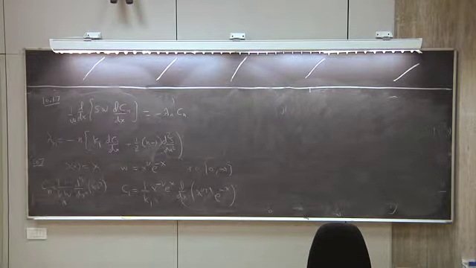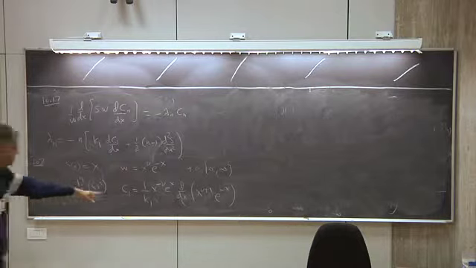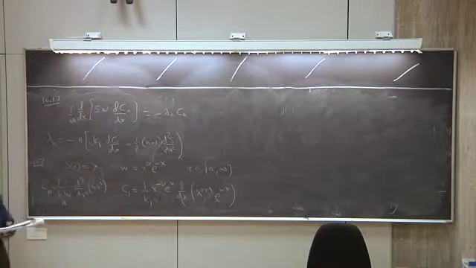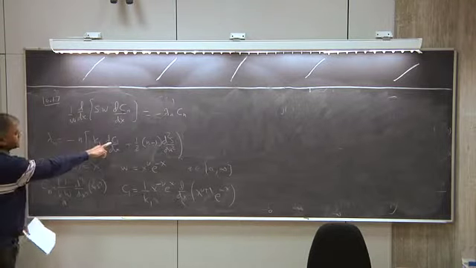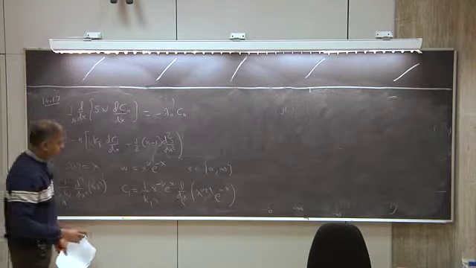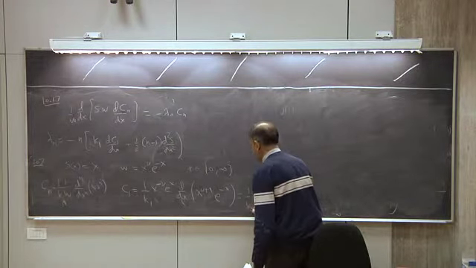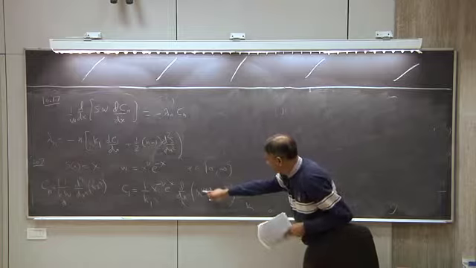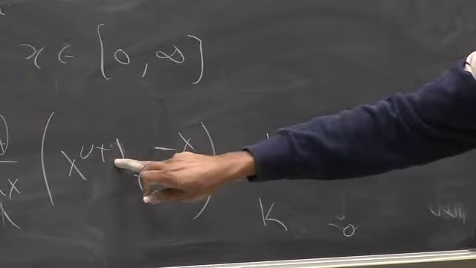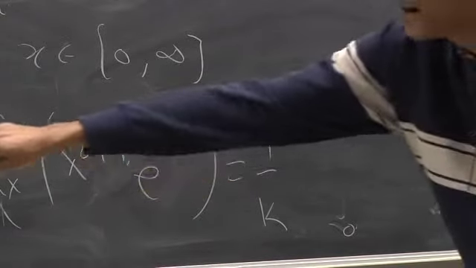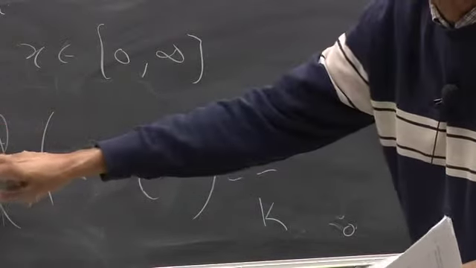Yes, x to the nu plus, but I'm looking at C1 now, n equal to 1, because I need C1 here. So this gives you 1 over K1. Of the two terms, when the derivative hits here it gives you nu plus 1 times x to the nu, which will cancel with that, and e to the minus x will cancel with that.